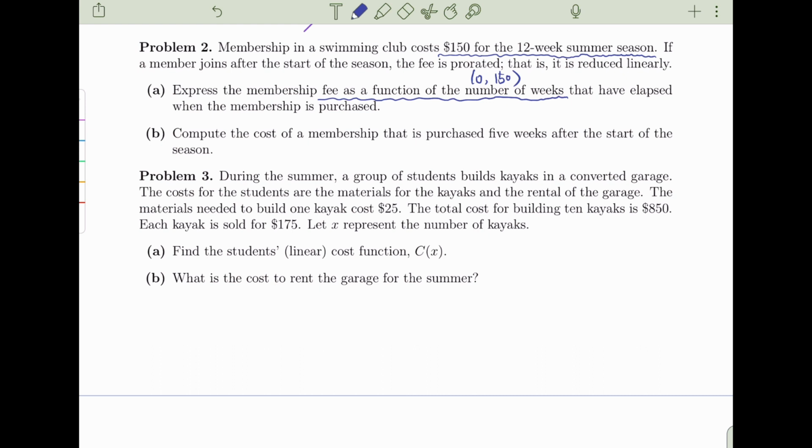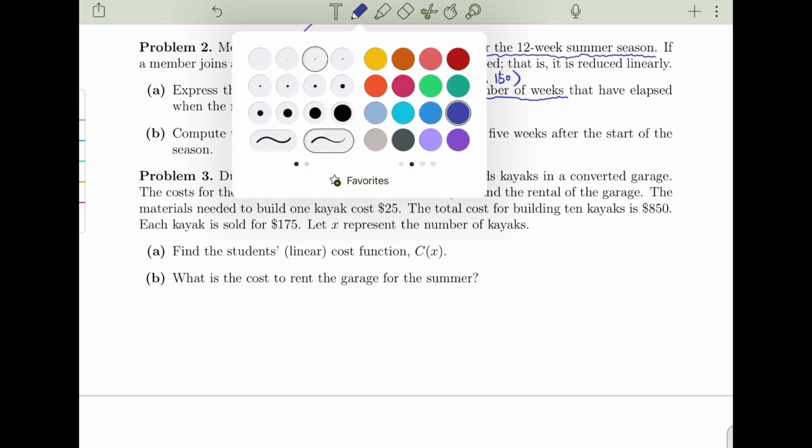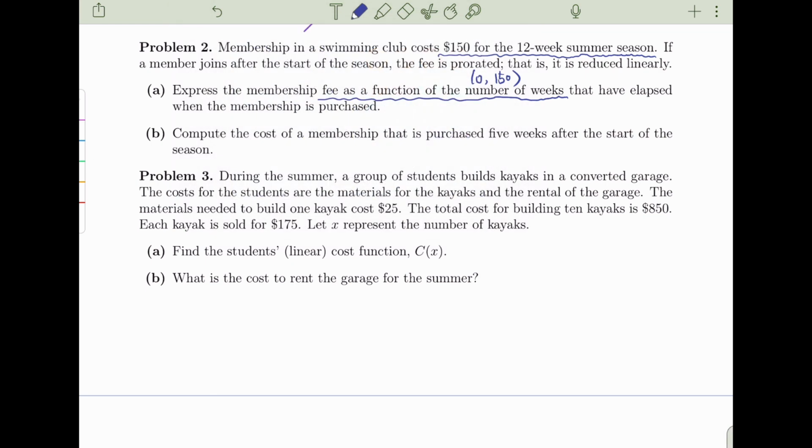So in that being said, mathematically, after 12 weeks, you don't need to pay any money to join a club because that has been finished. So if you join a club 12 weeks after the beginning of the summer, you're gonna pay nothing because the club is already finished.